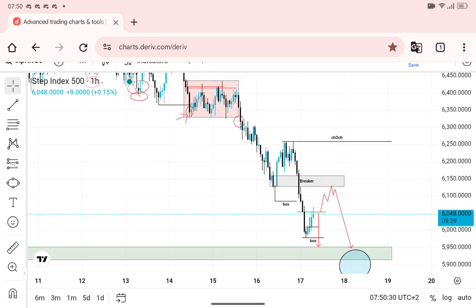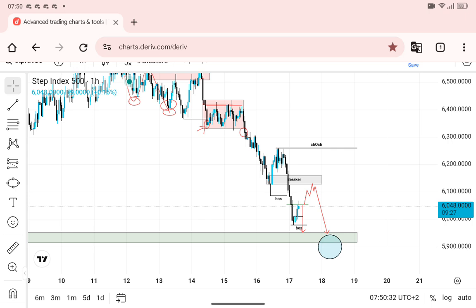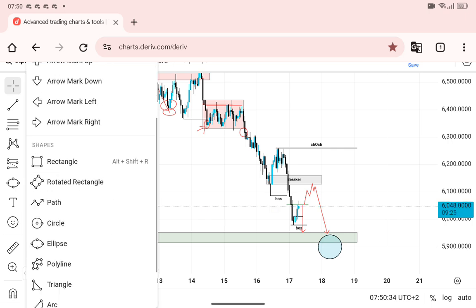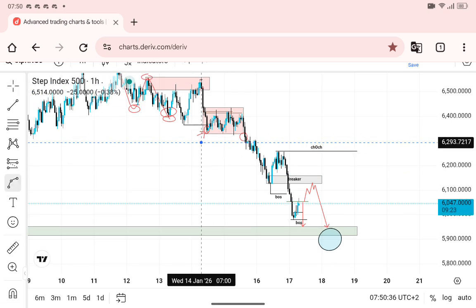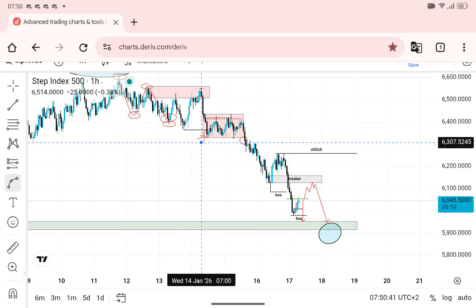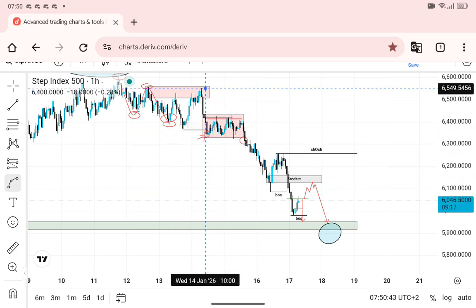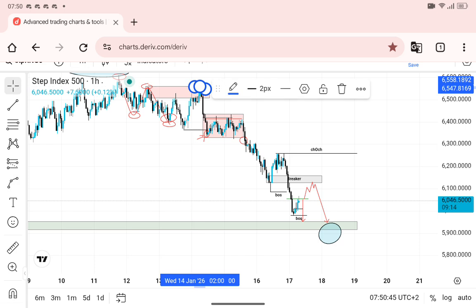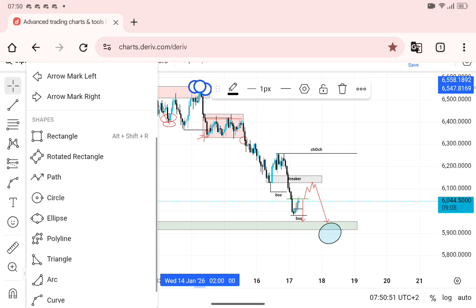So now, according to the internal structure, the external structure is bullish. Now, according to the internal structure, let me just focus here. The current structure, you can see that we have this lower low, this lower high after those 4 points.